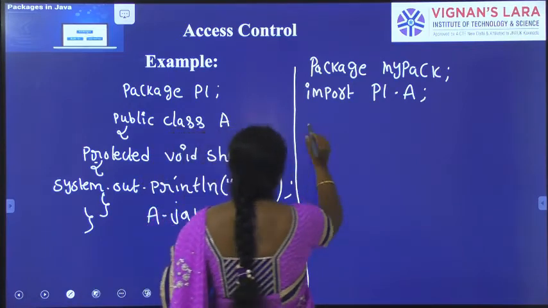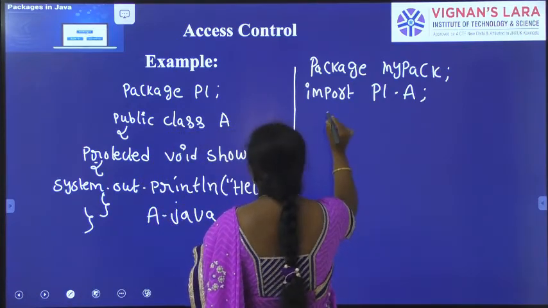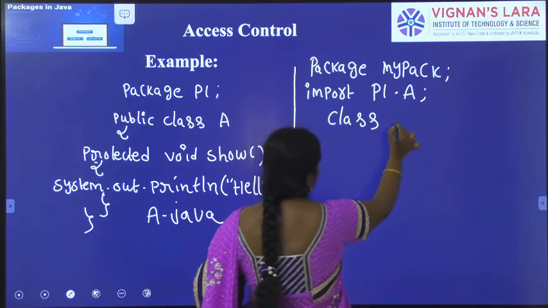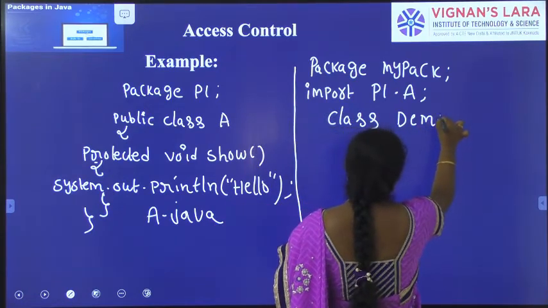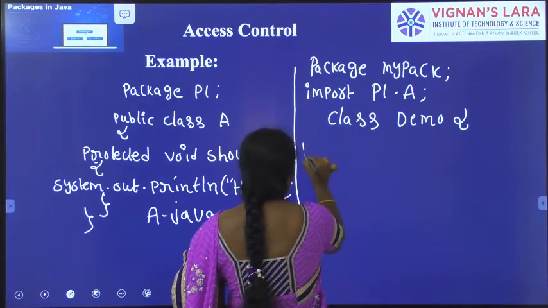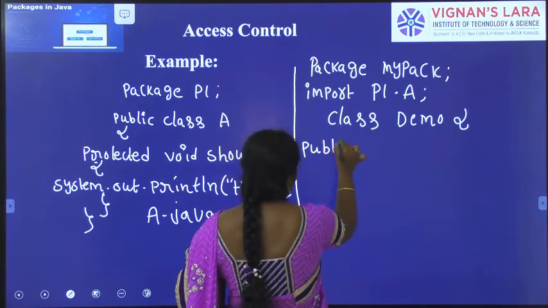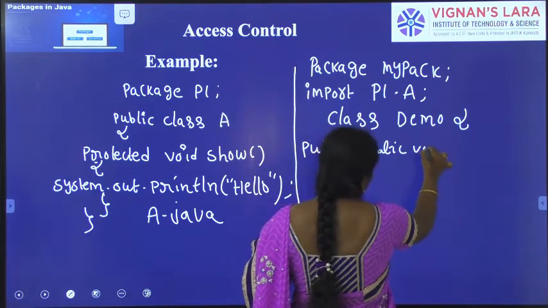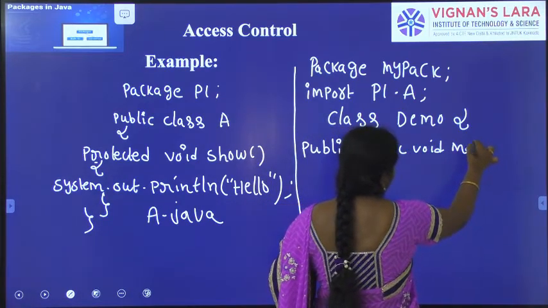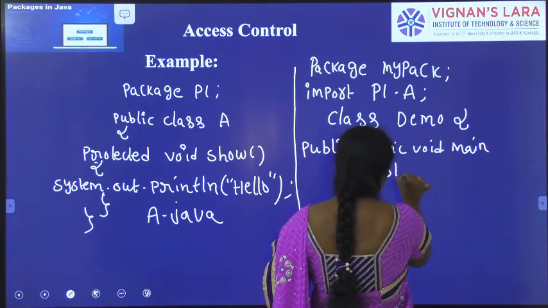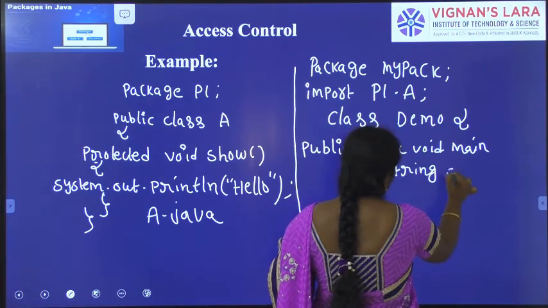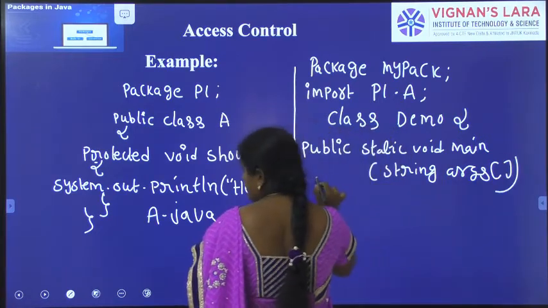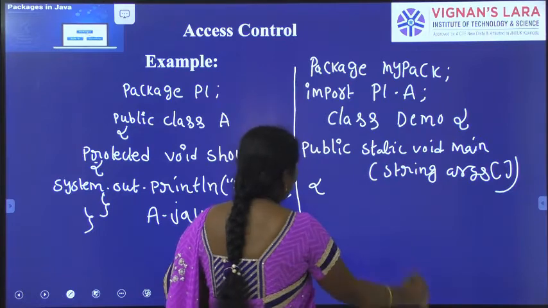Next, here I am taking one more class, class demo. In this I am creating a main method: public static void main, String args array.